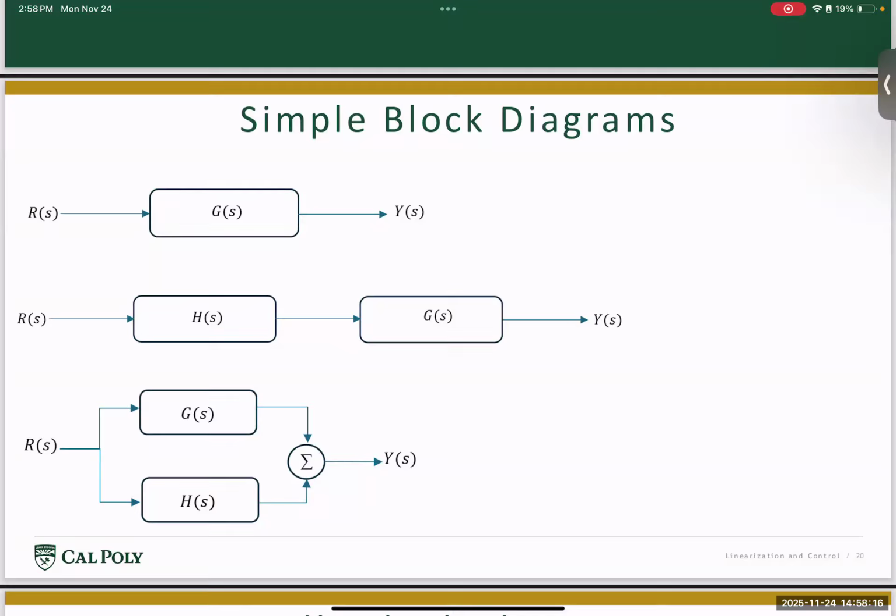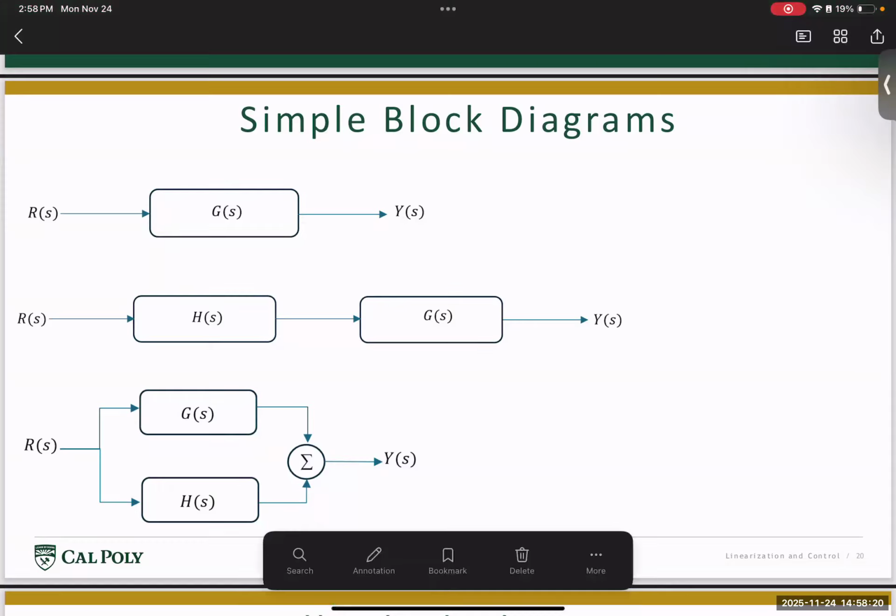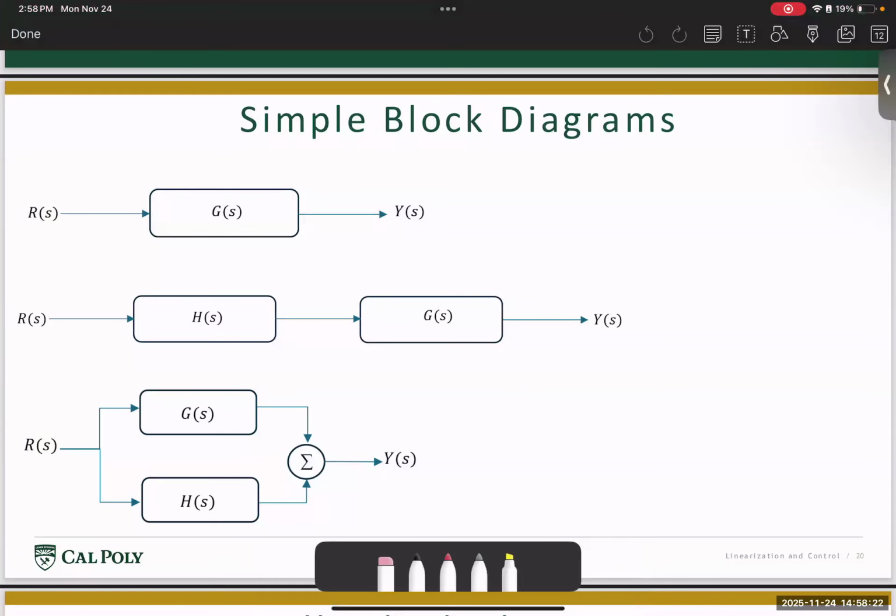Typical to any system, you have some amount of input called the reference input R of S. This is the desired state for the system, and you have the output of the system given by Y of S. Then, how the input for the system gets converted to the output depends on the dynamics of the system, which is usually represented by this quantity G of S, which we called the transfer function of the system.